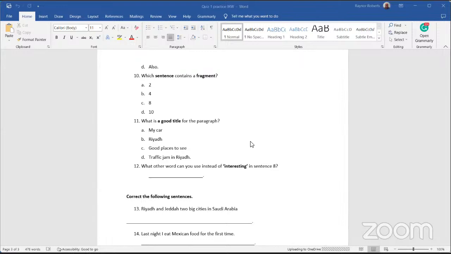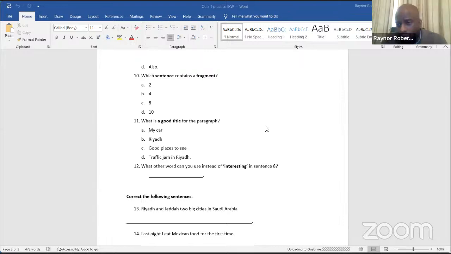The topic sentence tells you what the paragraph is about, right? The paragraph's not about God, it's not about places, and it's not about traffic jams. The paragraph's about his car and what purposes he uses his car for.